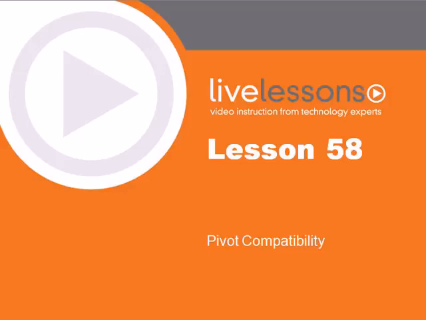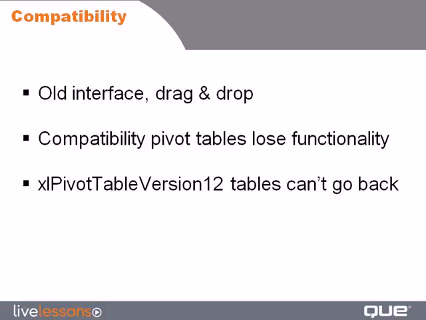Lesson 58, Pivot Compatibility. In this lesson, first of all, I'll show you how to bring back the old interface and how to bring back the old drag and drop if you enjoyed creating pivot tables in previous versions of Excel. We'll talk about switching between Excel 2003 and Excel 2007. When we open a workbook in compatibility mode, our pivot tables are going to lose functionality, and I'll show you how to upgrade those pivot tables.